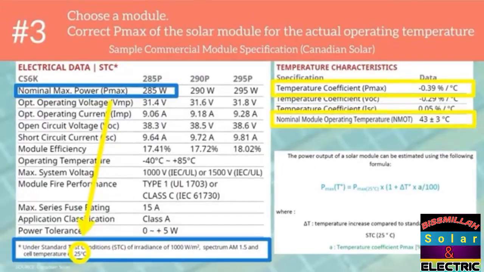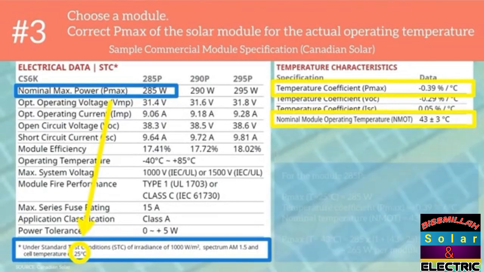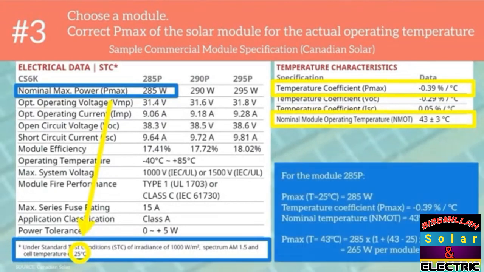In this case, the temperature coefficient Pmax equals minus 0.39% per degree Celsius, and the nominal temperature NMOT equals 43 degrees Celsius. So using the equation, we obtain a Pmax at 43 degrees Celsius of 265 watts per module.